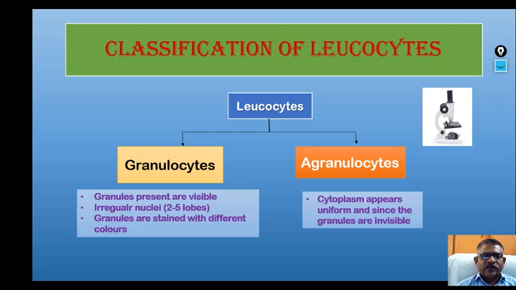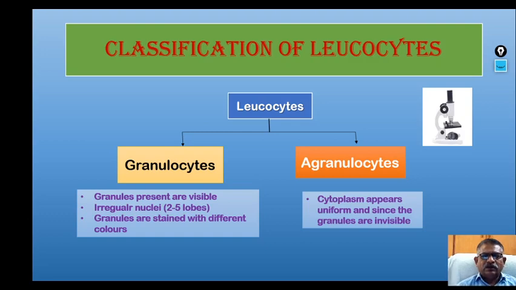Granulocytes, as the name indicates, are those cells amongst the leukocytes which show the presence of visible granules in the cytoplasm. The nucleus of a granulocyte is irregular with 2 to 5 lobes.